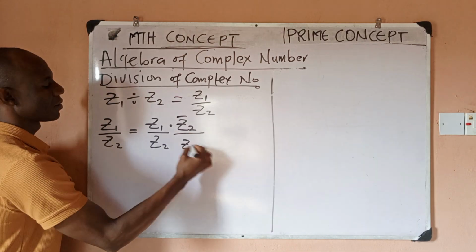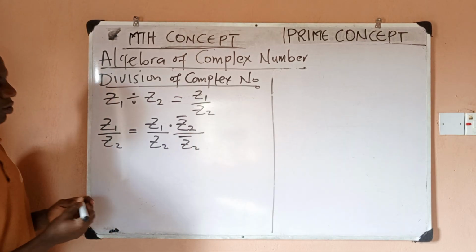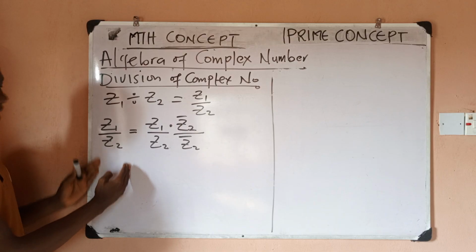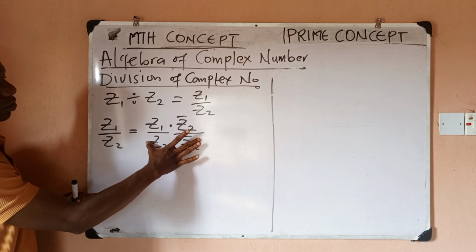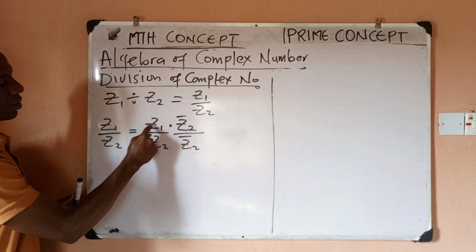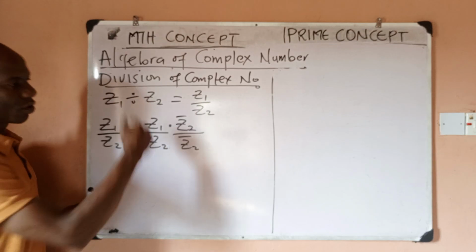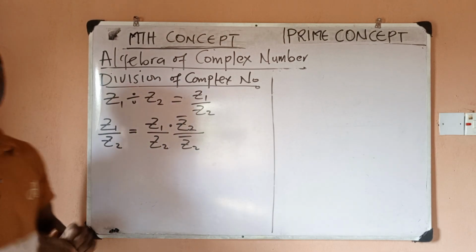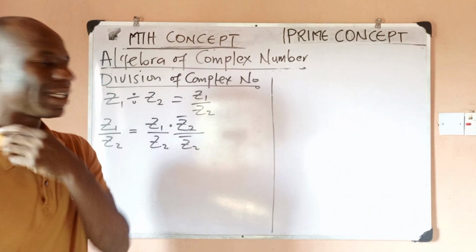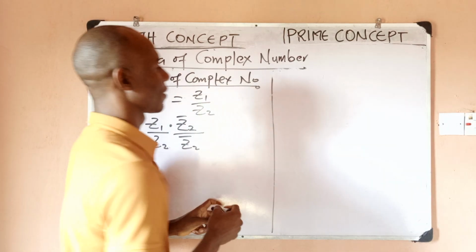So when you want to find this, you just say z1 times the conjugate of z2, over z2 times the conjugate of z2, and you are done with that division. So let's take an example to see how it works.